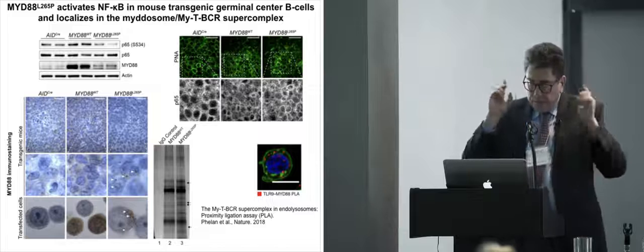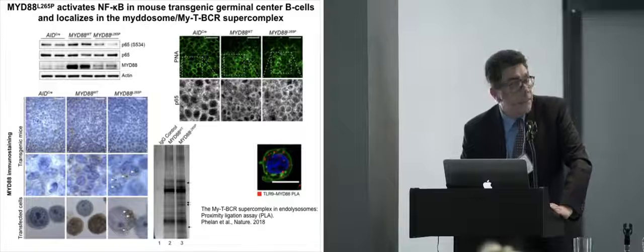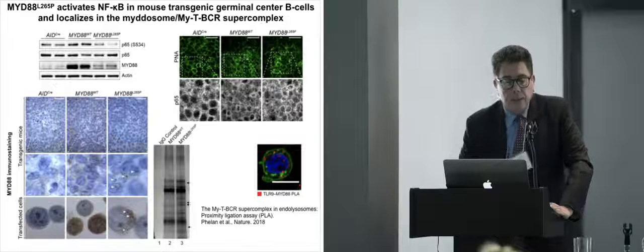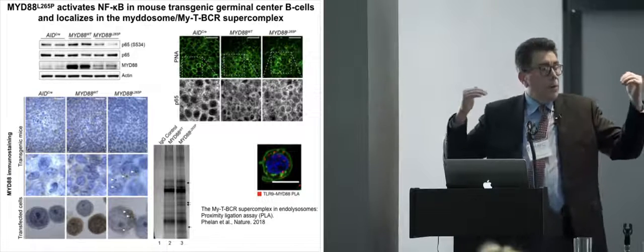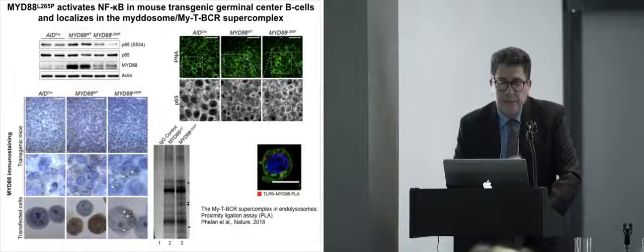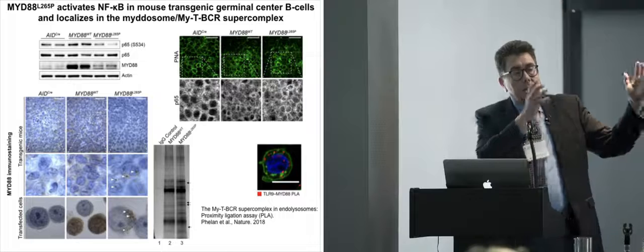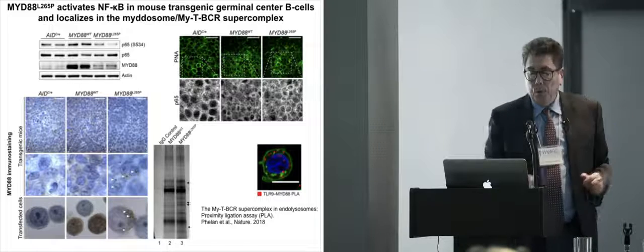And we can see a very striking difference. This is the wild type transgenic and this is the mutant. And you can see the protein level is much less in the mutant. And this is indicating that the mutant is behaving differently to the wild-type protein.